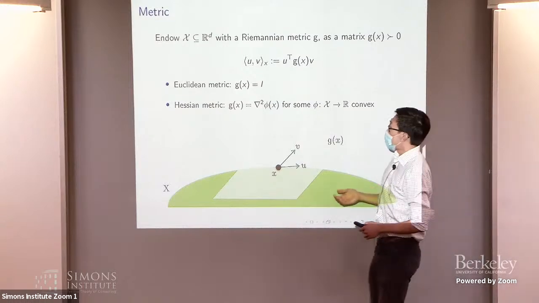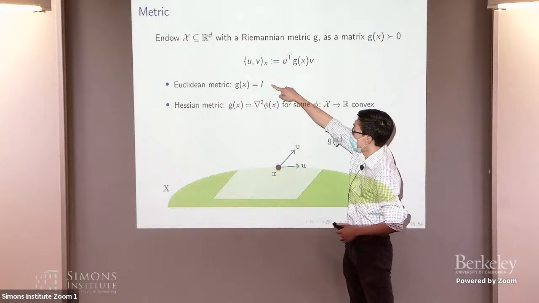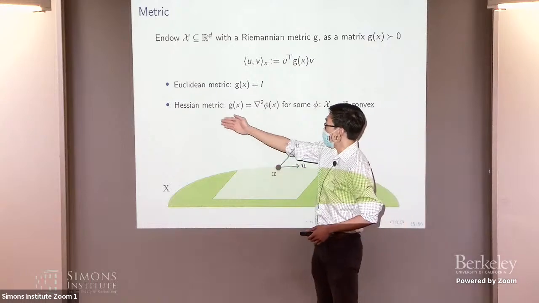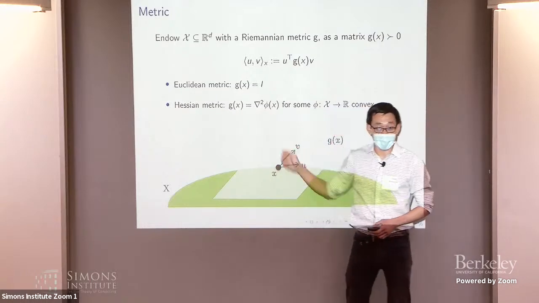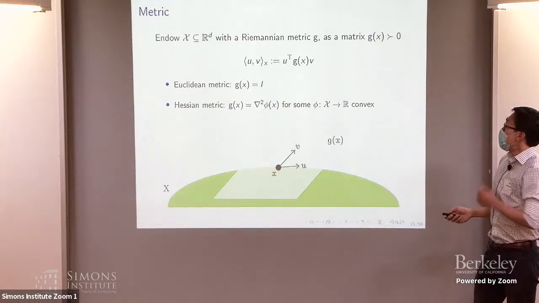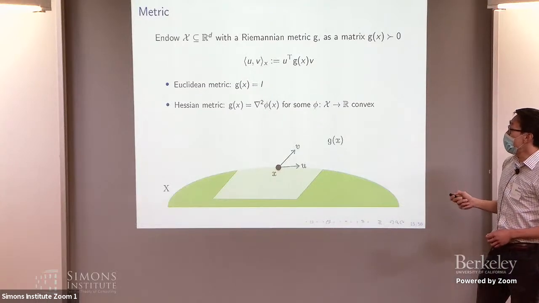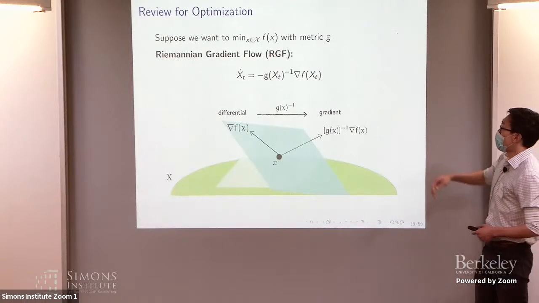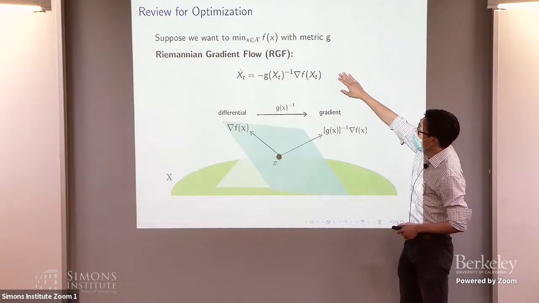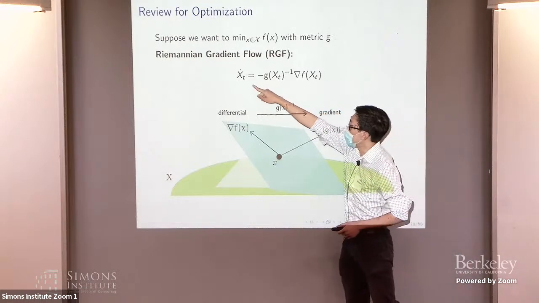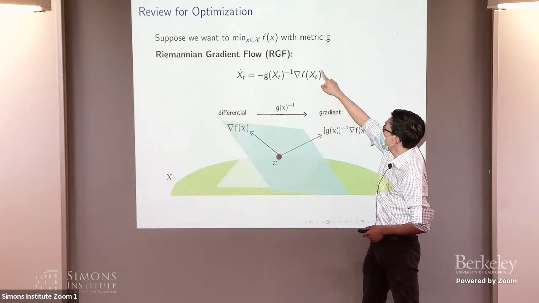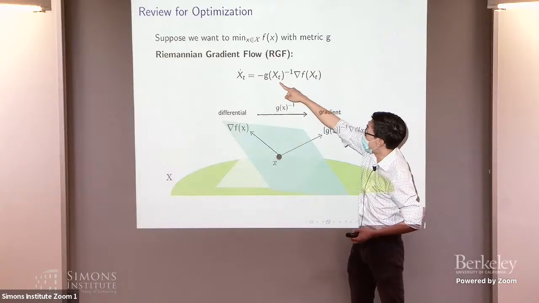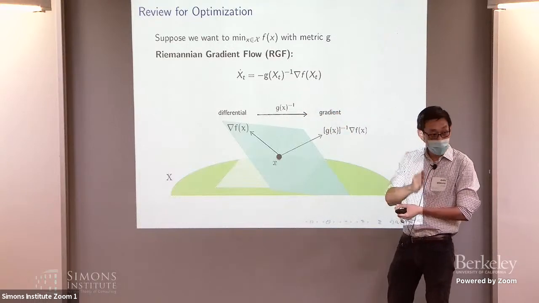In the Euclidean setting, G is the identity matrix, but you can put a lot of other choices of G. For example, a nice case is the Hessian metric, when G is the Hessian of a convex function phi. So if we have this setting, what do we do for optimization, for example? If we want to minimize a function f, then we can run the following Riemannian gradient flow, where the curve x follows this differential equation, where this gradient of f is the L2 vector of partial derivatives, and then we multiply it by the inverse metric G to turn it into a proper Riemannian tangent vector.